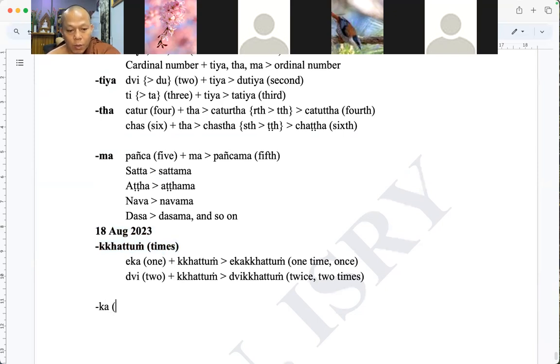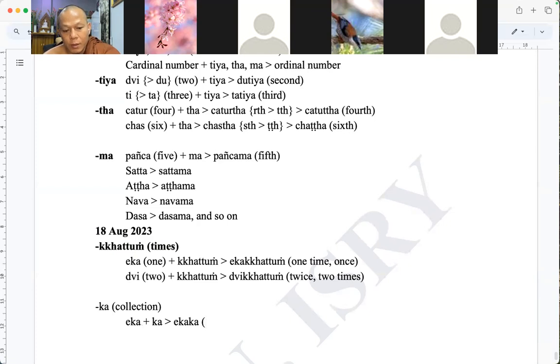And then another suffix is ka. That ka is actually referring to a collection. So for example, to eka, by adding the ka, we have ekaka.